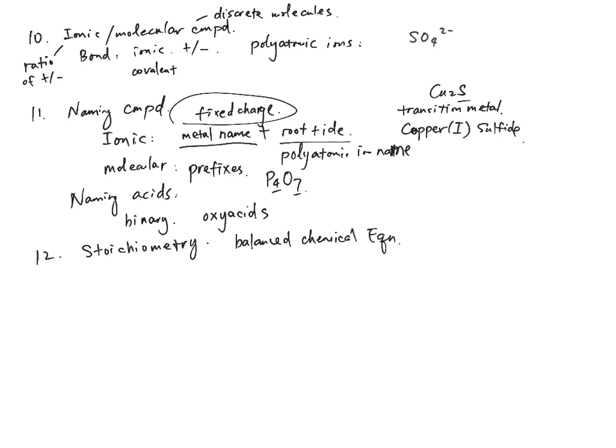So can you balance a given chemical equation? Can you make sure that when you're doing your stoichiometry, you have a balanced chemical equation if you're not provided with one? Let's say you're given an unbalanced equation. Remember to balance it before you do any stoichiometry, because without those coefficients, stoichiometry can't be done.